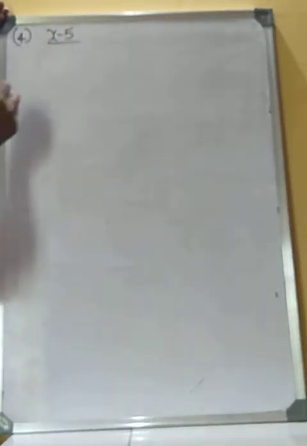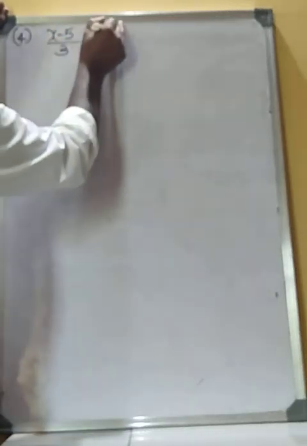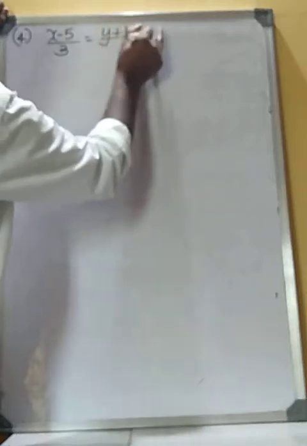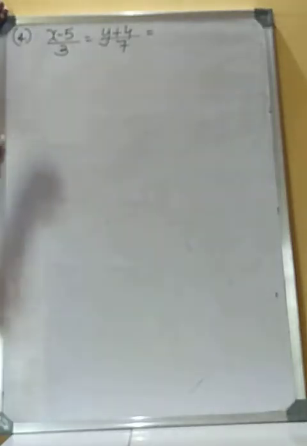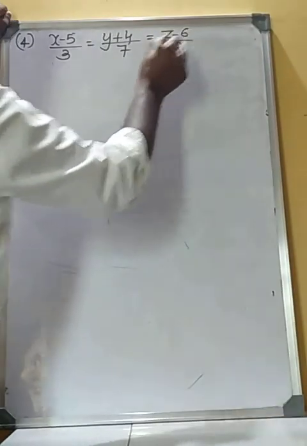One more example. The Cartesian form of a line is (x minus 5) dividing by 3 equals (y plus 4) dividing by 7 equals (z minus 6) dividing by 2.